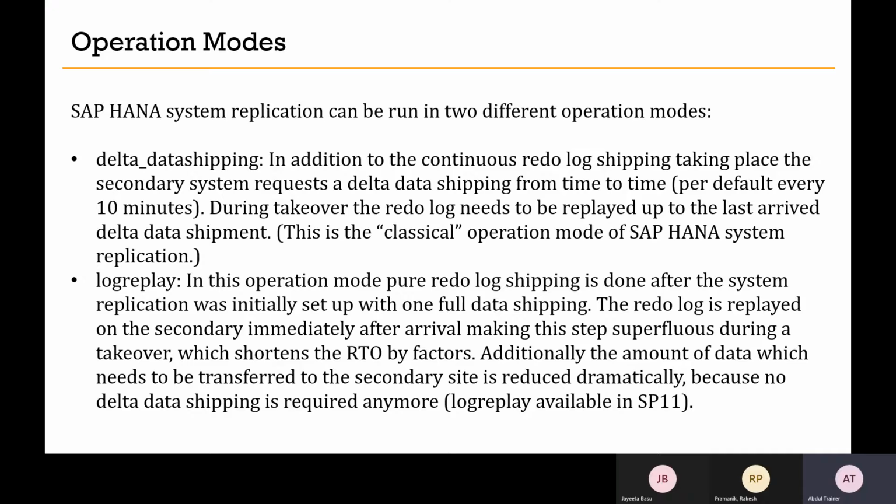In this method, when we set delta data shipping, the redo log is continuously sent to the secondary. The primary sends the redo logs to the secondary database, and then every 10 minutes the primary also sends the delta data to the secondary.